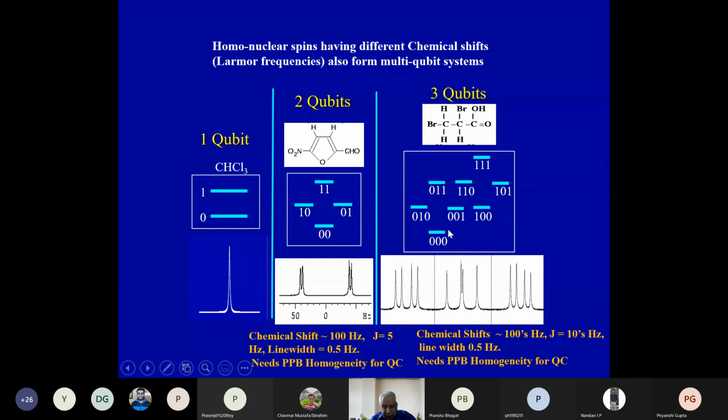In fact, we used to call them alpha, alpha, alpha; alpha, beta, alpha; and so on. For me, the largest difficulty was changing my notation from alpha to 000 or 010, and once I overcame that barrier, everything was clear. Okay, so this is how we form qubit systems.